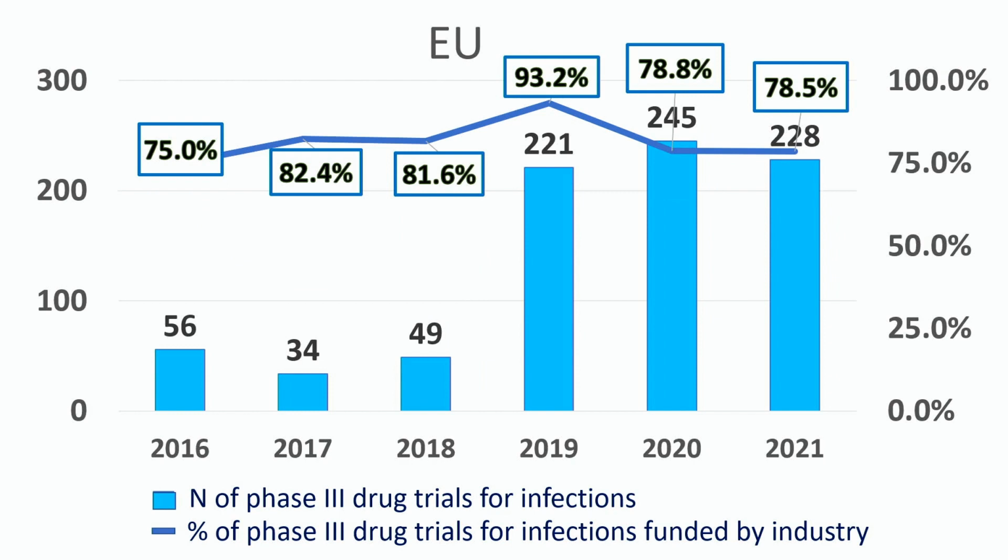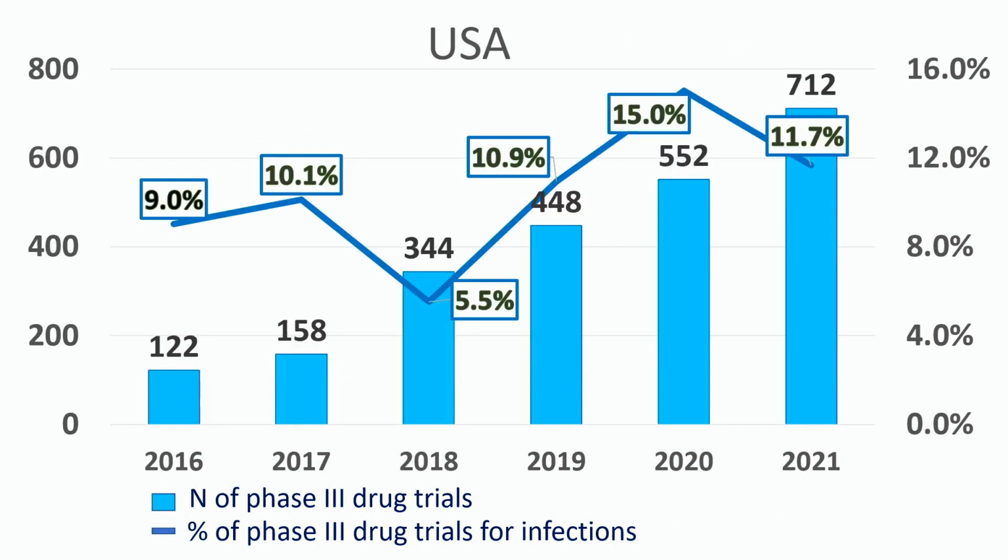When you look now at the proper numbers of phase 3 drug trials for antimicrobials, you can see much lower numbers, like 34 or 49 in Europe. And then you have an increase to 221, 24, and 228 in the last 3 years, so just a big jump in the last 3 years. But you can see the percentage funded by the industry. It increased in 2019, and then decreased in the 2 COVID years. So this is the story about the European Union.